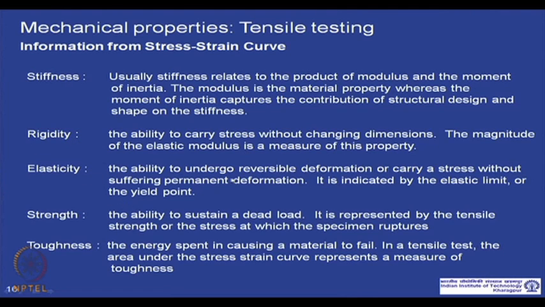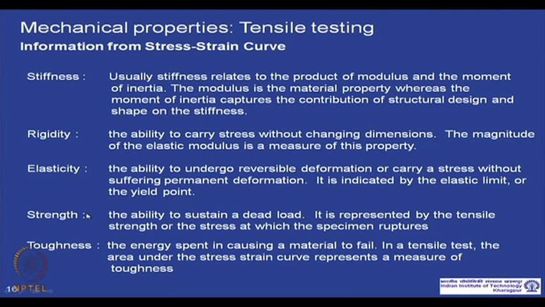Elasticity is the ability to undergo reversible deformation, meaning that after the stress is released it should come back to the original state, or to carry a stress without suffering permanent deformation, and is indicated by the elastic limit or the yield point. Beyond the yield point, the sample undergoes permanent deformation.